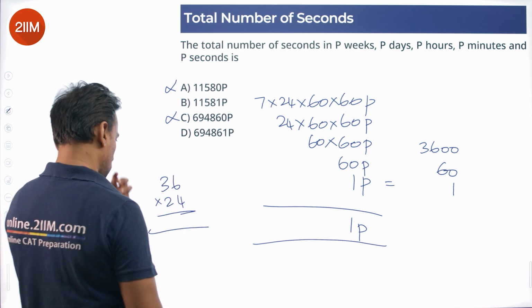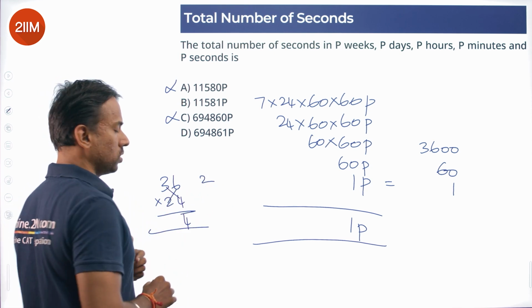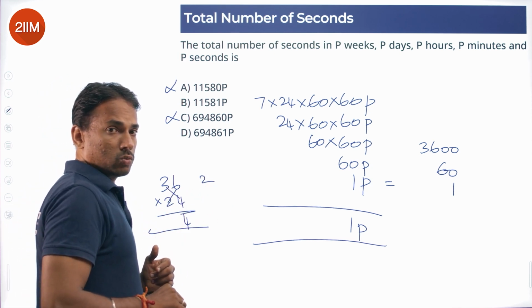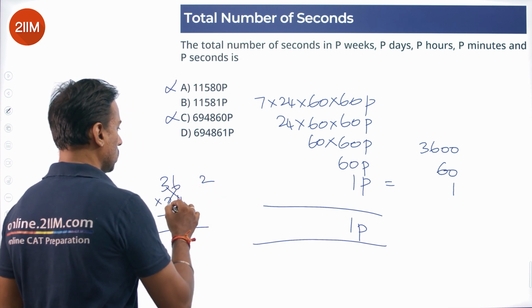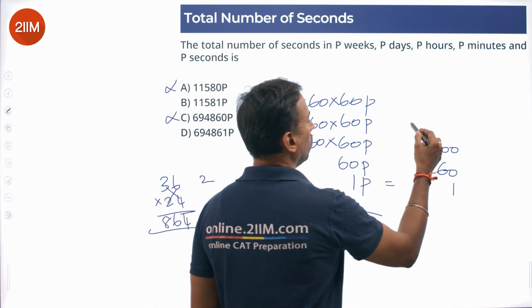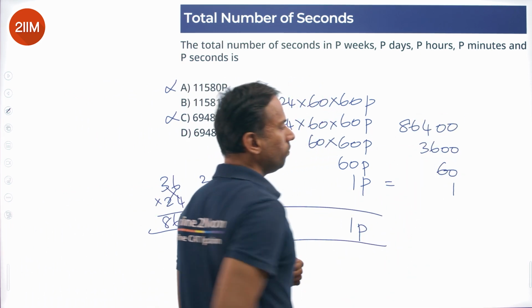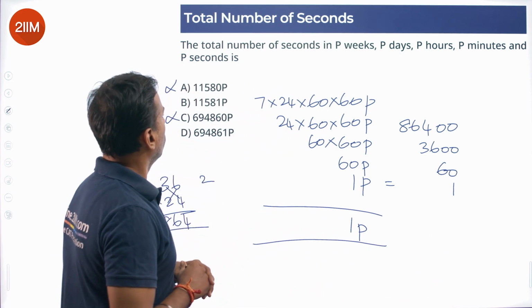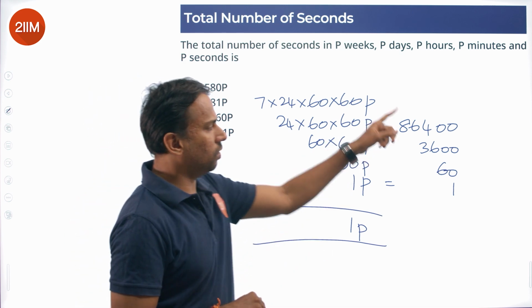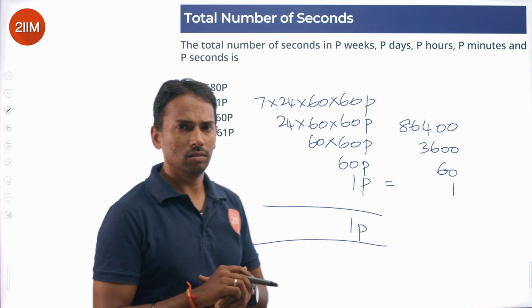This will give us 6 4s are 24, 3 4s are 12, 6 2s are 12, 12 plus 12 plus 2, 24 plus 2, 26, 2 carry 3 2s are 6 plus 2, 8. So 86400. Hold on. So simply here itself we got 86,400.